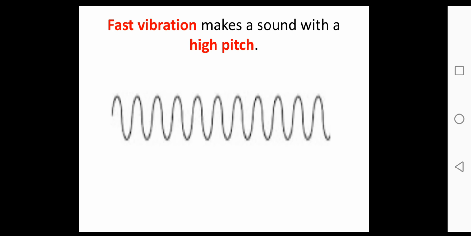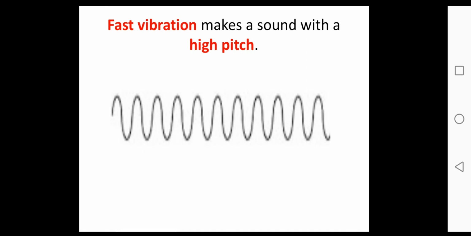Now, do you remember last time we talked about vibration, right? We said that vibration means going back and forth, right? If something is vibrating really fast, if we have fast vibration, this makes a high pitch.